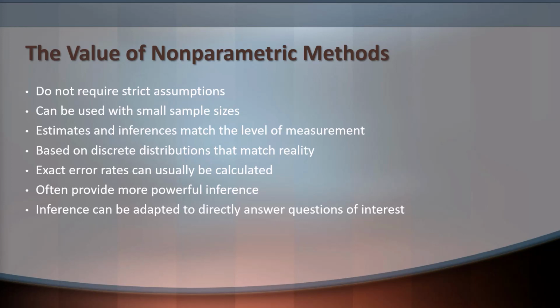We can decide what our research question is and then create statistical hypotheses that match that research question, and from that, use a method of inference that is consistent with that statistical hypothesis. We are not bound to particular hypotheses because they happen to be related to distributions that underlie our data or are perceived as underlying our data. This, to me, is one of the most important reasons to consider nonparametric methods, that we can actually address the research questions that are of interest.